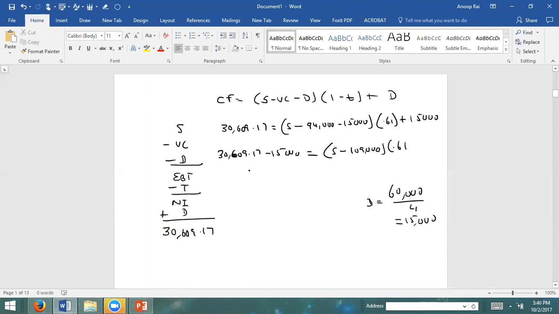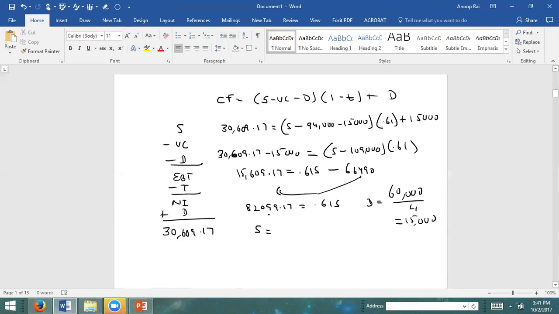So 30,609.17 minus 15,000 is 15,609.17, which equals, let me open this bracket, 0.61 times S minus 109,000. I'll multiply this with this: 109,000 times 0.61 is 66,490. Bring this over here, which means I'll add it. It'll be 82,099.17 is equal to 0.61 S.